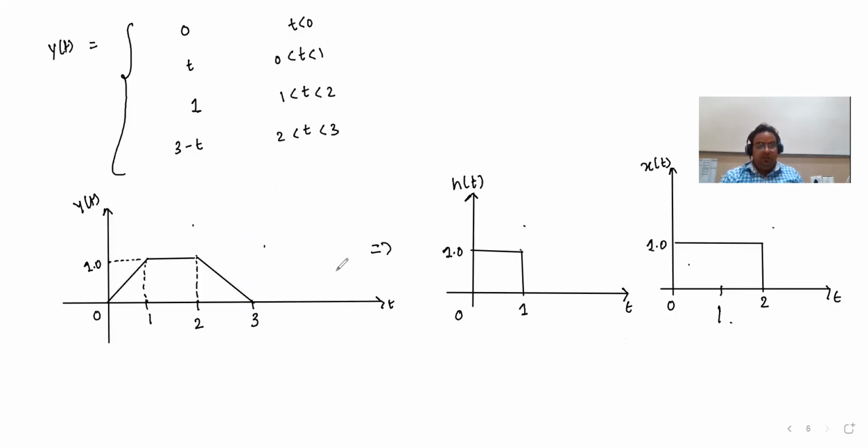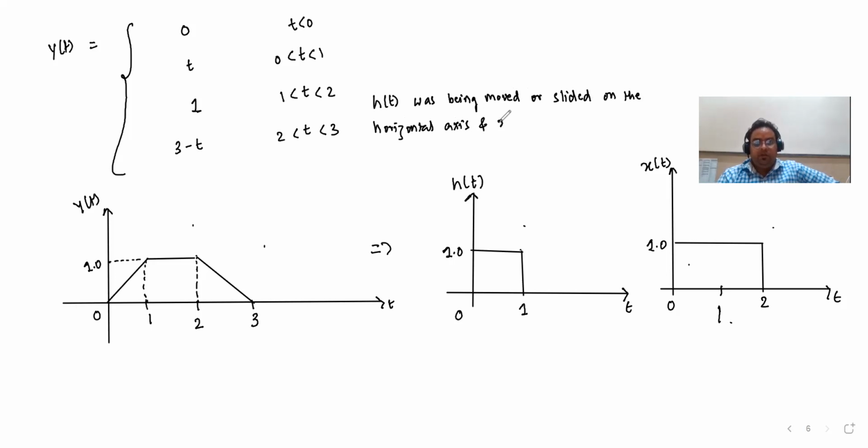So essentially, h of p was being slid on the horizontal axis, and x of p was fixed.